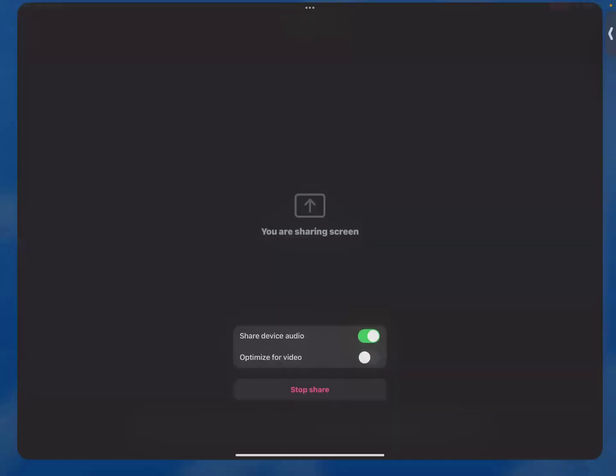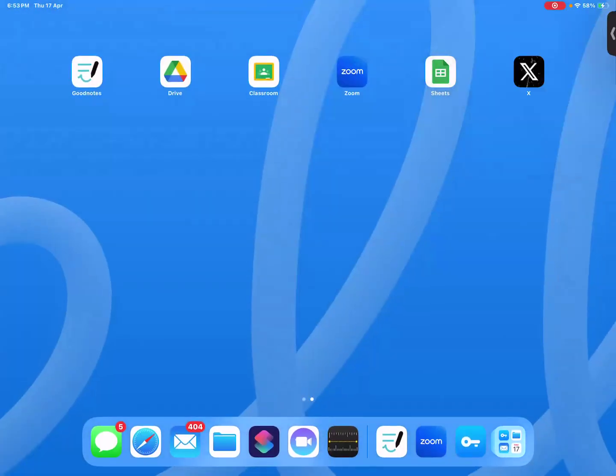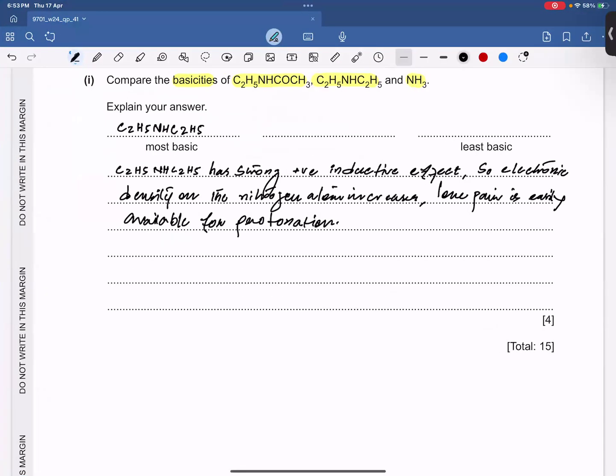Just hold on a second, please. All right, so let's continue the explanation. Ammonia is weaker than this one, and amide is basically the least basic one. Why amide is weaker?